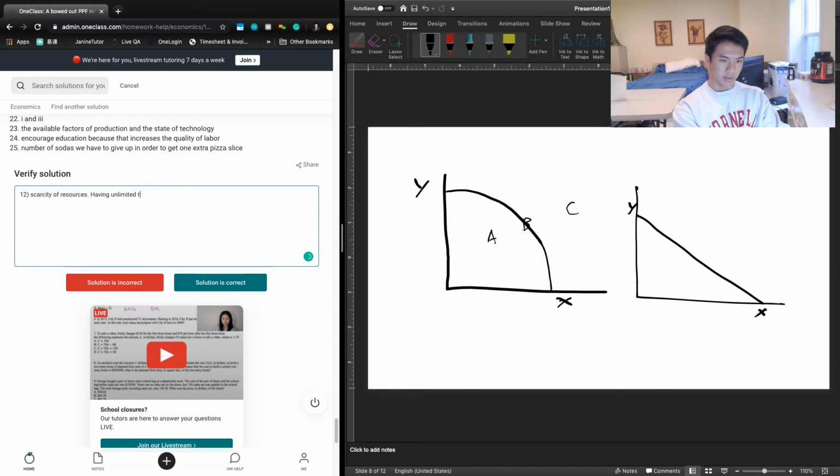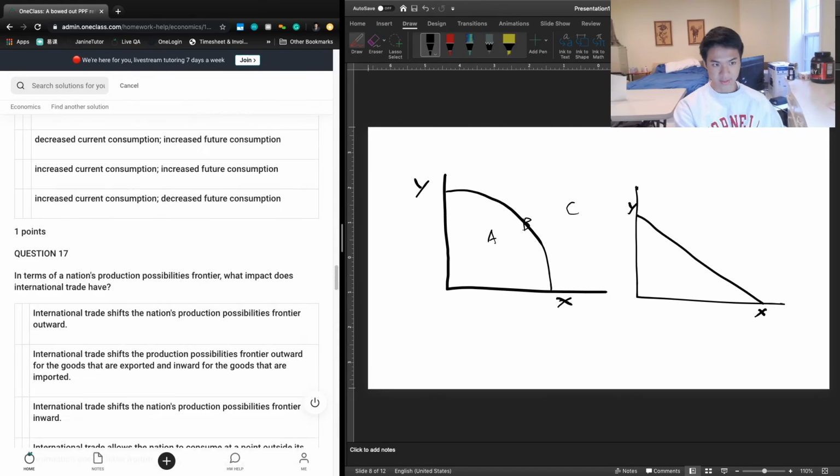Having unlimited technology would not be a condition of PPF because that assumption would mean we would be able to assemble resources in an infinitely efficient manner. That would not cause production to be limited in the way the PPF does.